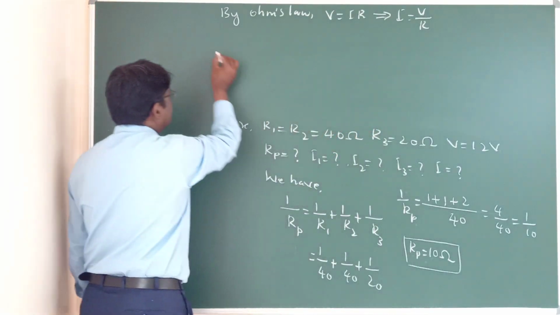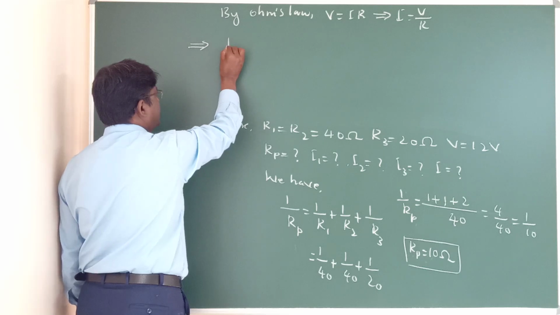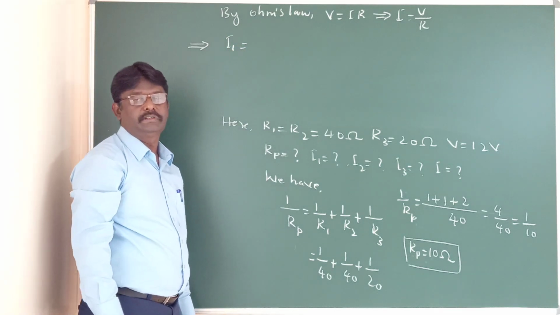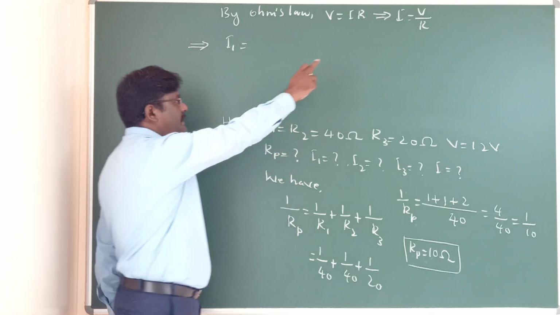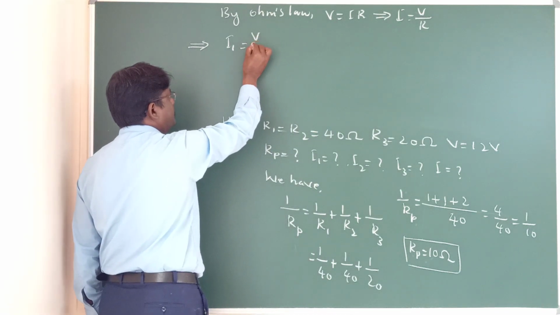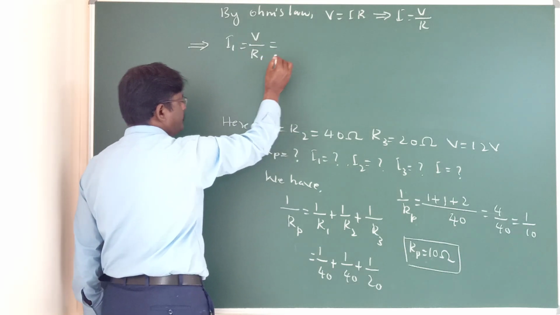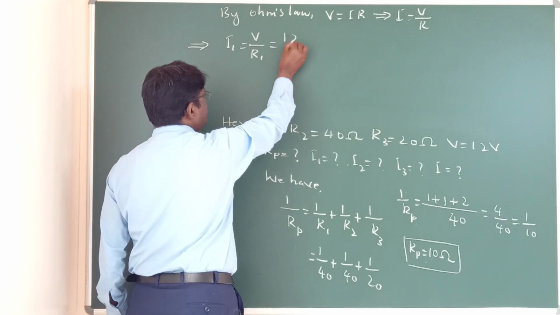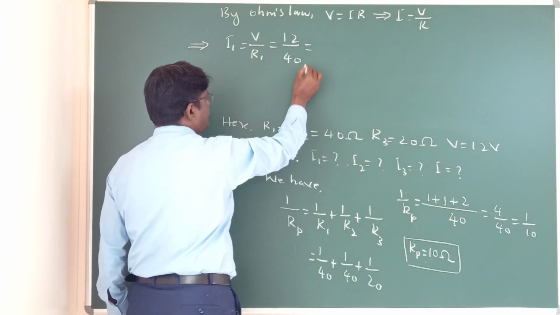Now the current through each resistor. What do we mean by I1? The current through the first resistor when they are connected in parallel. I equals V by R. Hence I1 is V, which is the same, by R1, equal to 12 by 40.